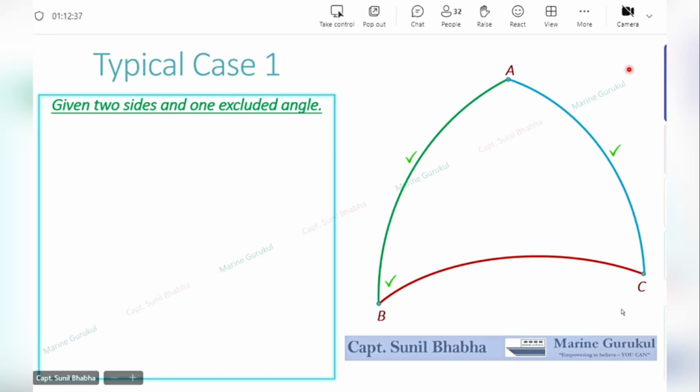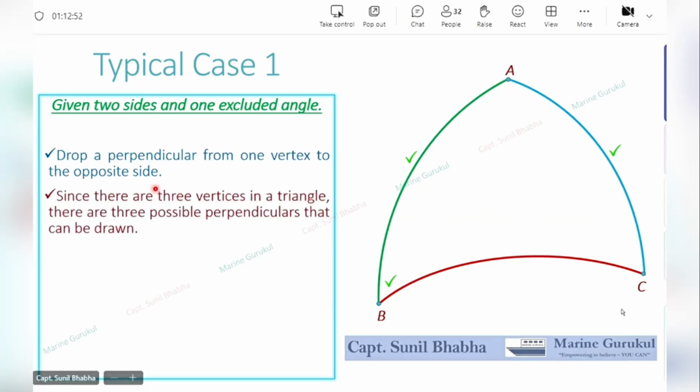So what is to be done in these scenarios? For these type of questions, we need to drop a perpendicular from one vertex to the opposite side. There are three vertices in the triangle. We have vertex A, vertex B, vertex C, Charlie.